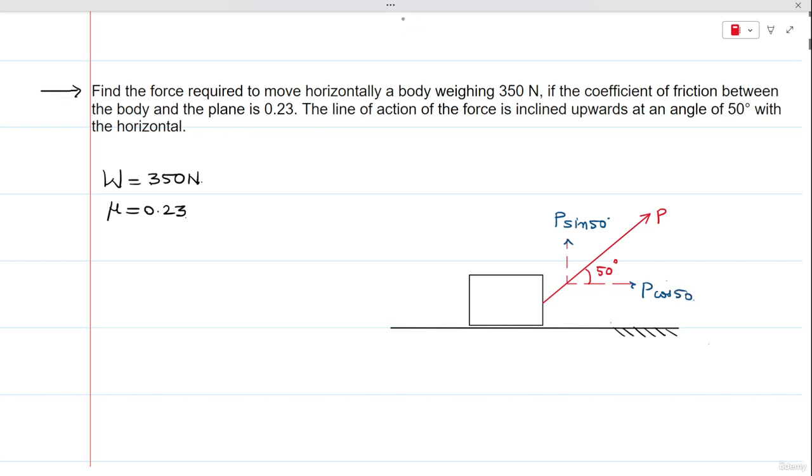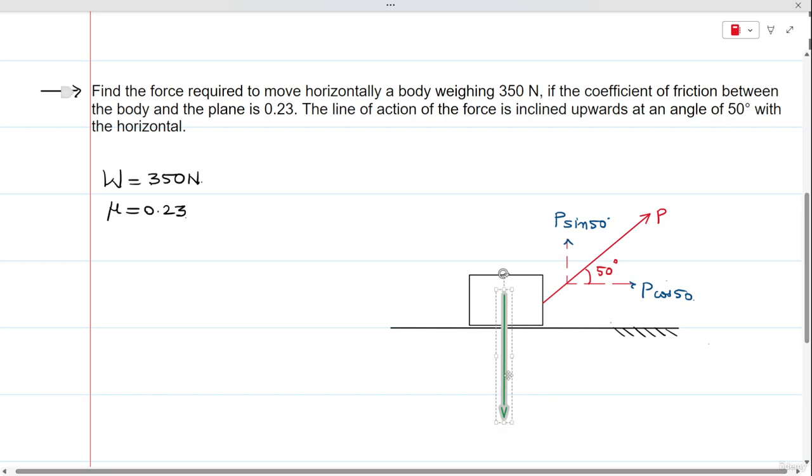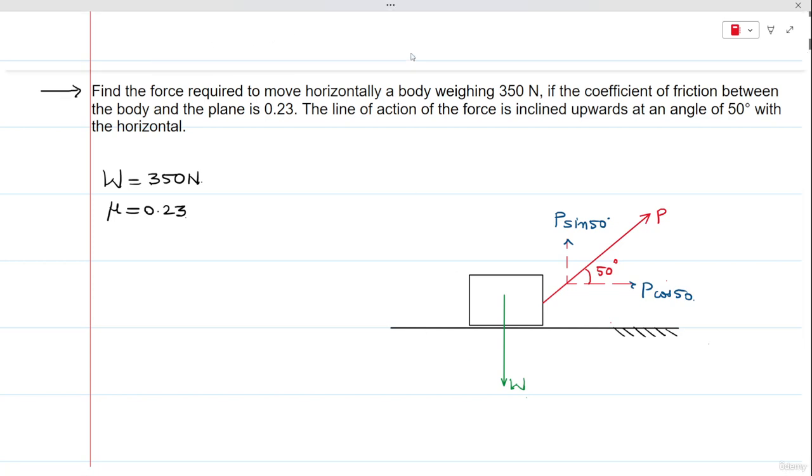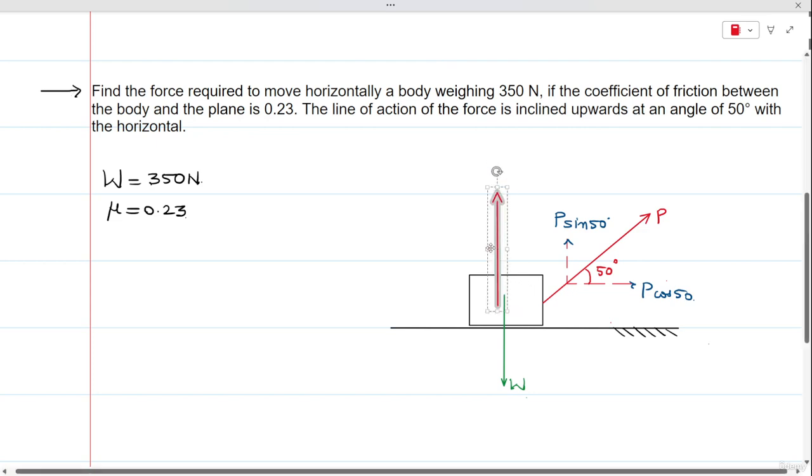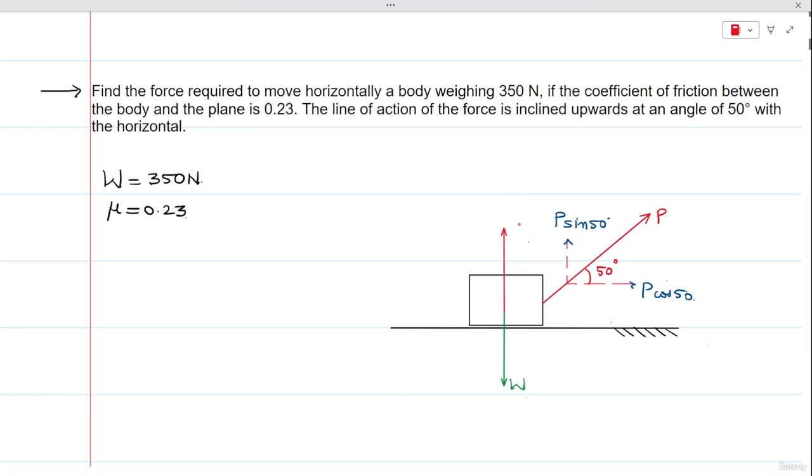50. And if we plot the free body diagram, the easiest one is the weight of the block, which is acting vertically down. This would be the weight of the block, and due to the contact between the horizontal surface and the block, there will be a normal reaction. The normal reaction will be collinear with the weight, and it will be acting upwards, and along with the normal reaction there will be an additional force that is going to accompany it.